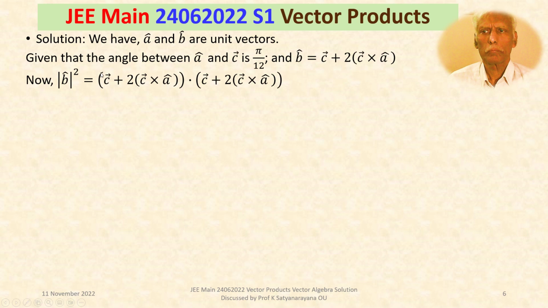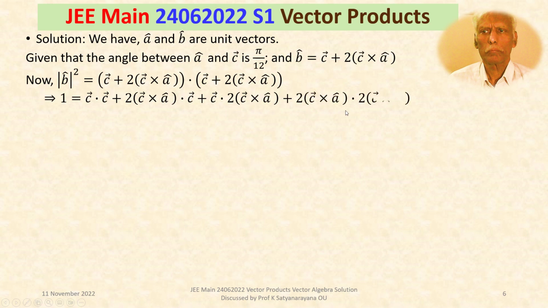First C dot C plus 2 times C cross A dot C plus C dot 2 times C cross A bar plus 2 into 2, 4 times C cross A dot C cross A. So that is what we have done here.